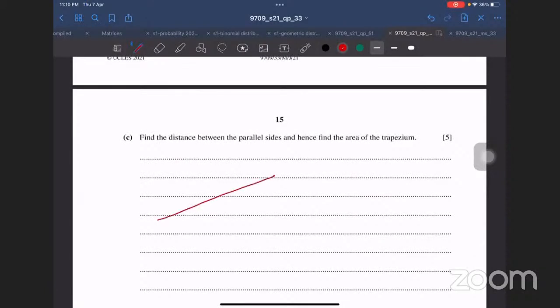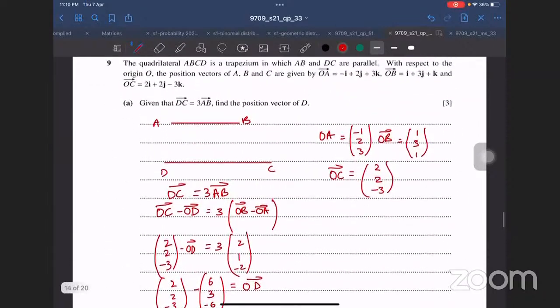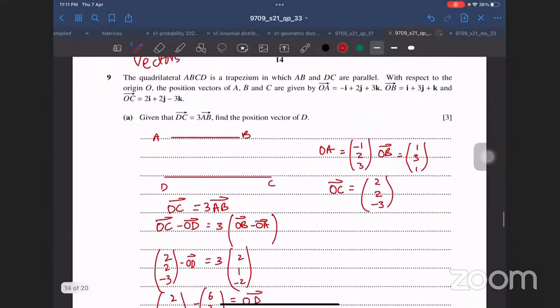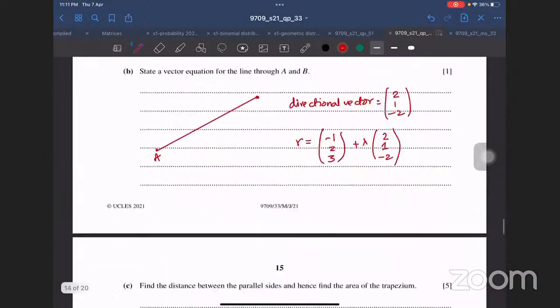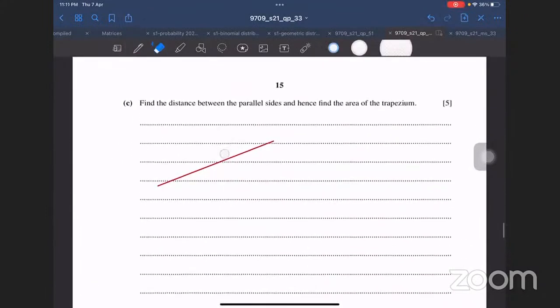Okay, so I don't know how they are parallel, but what I should do is I could find out CD first. Since I have AB, let's find out CD.